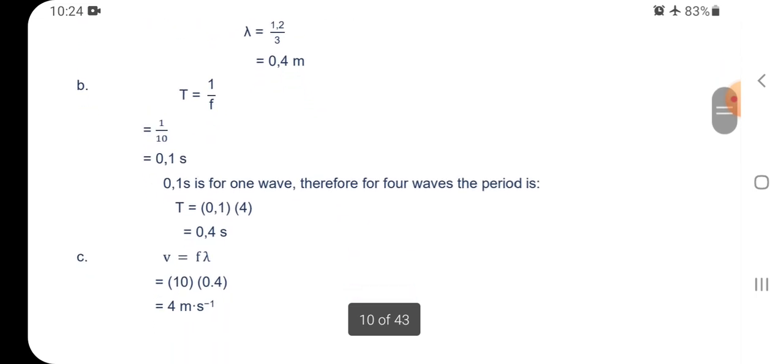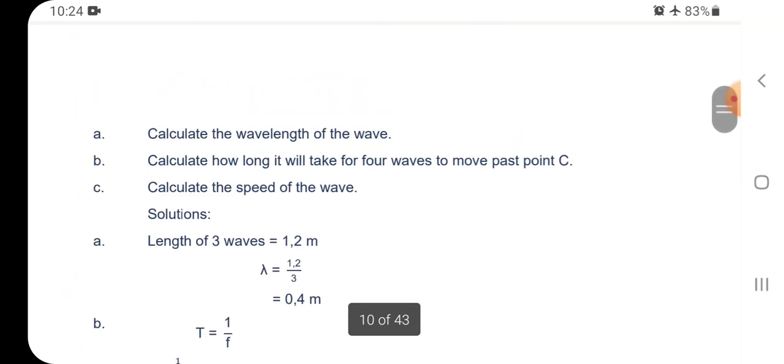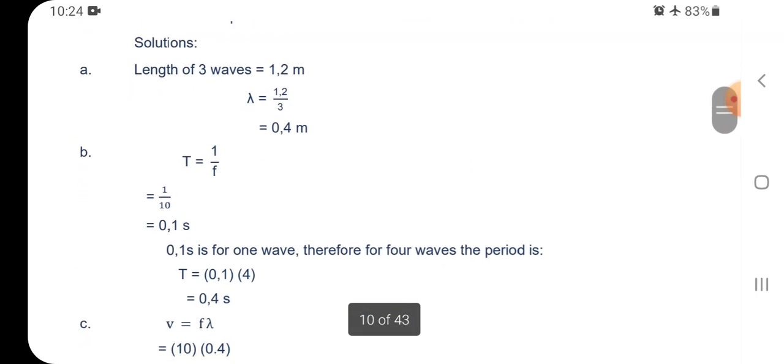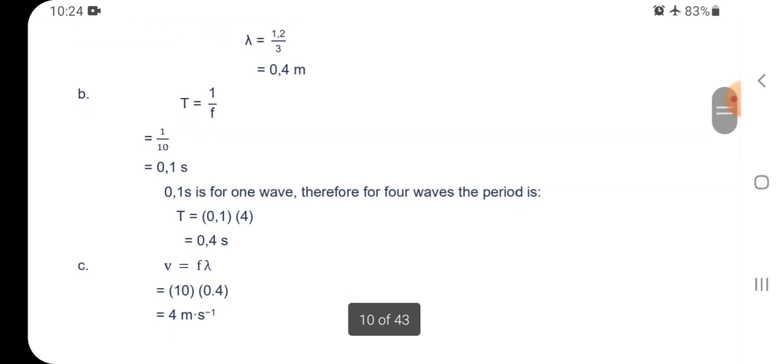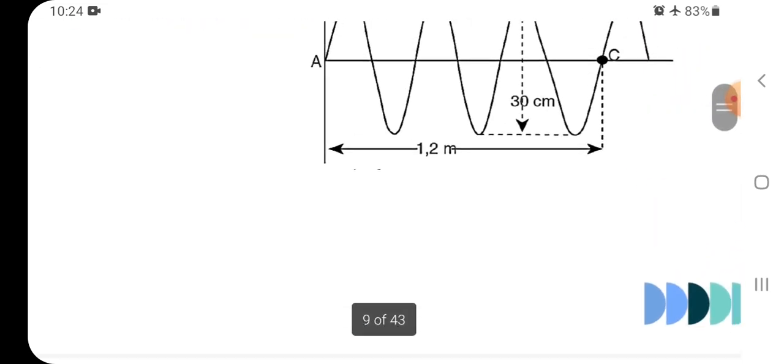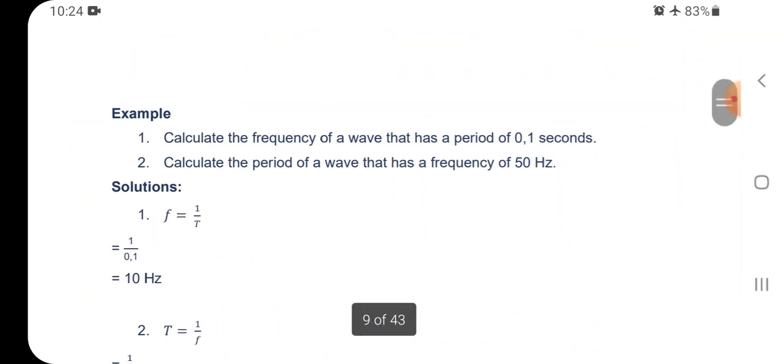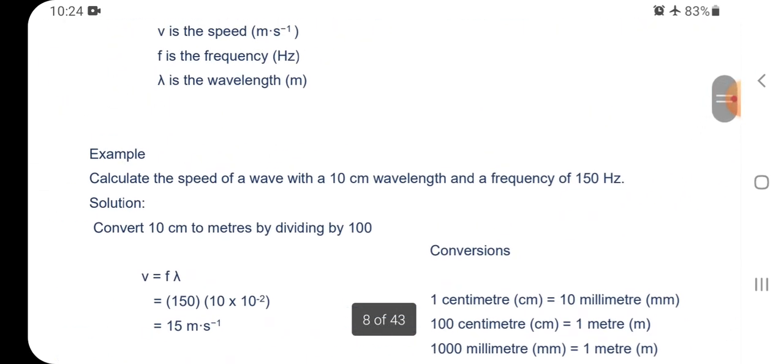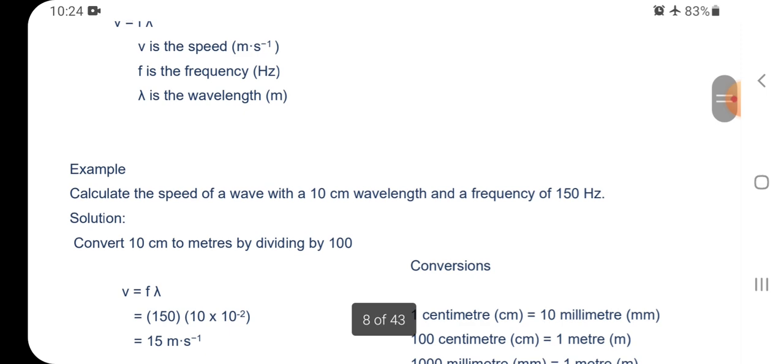So let's look at this. Calculate the speed of the wave. When you are asked to calculate the speed of the wave, remember you are looking for V. Speed is V, okay. So that will be the 10 multiplied by the, we can still go back a bit, the wavelength.